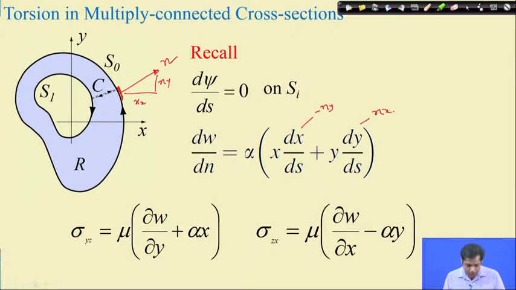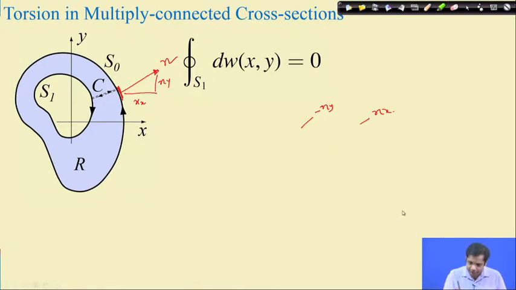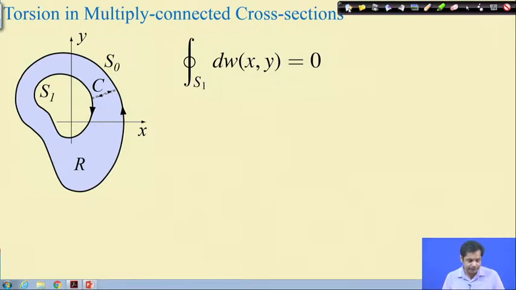Now, the single-valued displacement field on this domain, if W is the out-of-plane displacement, can be obtained by this condition. For the time being, you can take this contour integration for granted. This will be discussed in the next class, on the complex variable approach. We can show that single-valuedness of the displacement field can be guaranteed if the displacement satisfies this equation.